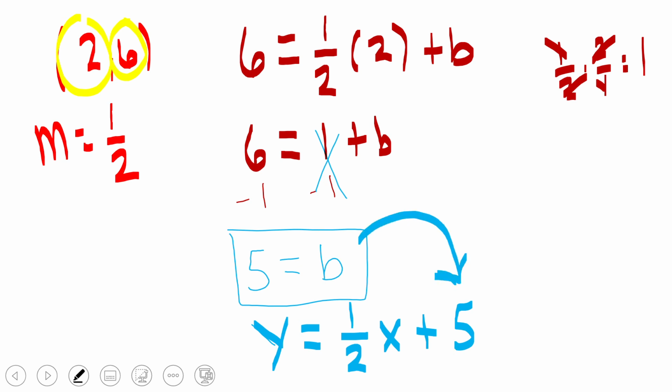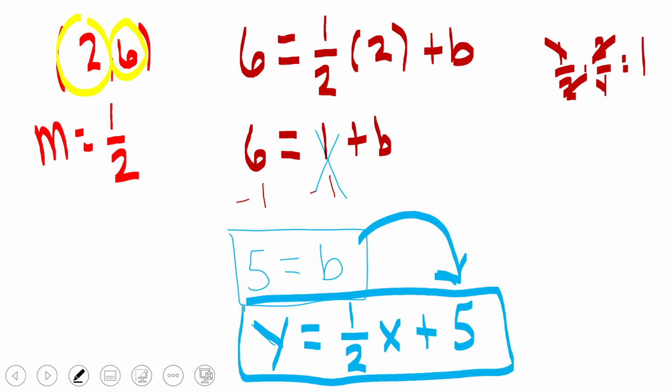Now we can use any ordered pair x or y to help us graph on the Cartesian plane by solving for slope-intercept form. We also know that on the plane, our y-intercept would happen at 0, 5, because if we plug 0 in for x here, y equals 5. So we have another plotted point just from the slope-intercept form.